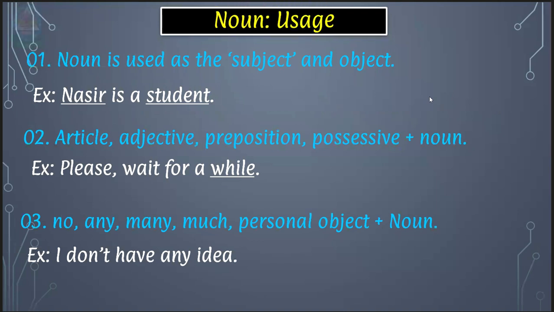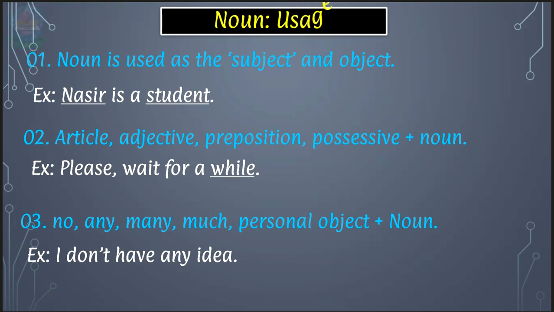And the next one. After no, any, many, much, or a personal object, we should use a noun. As we see in the example, I don't have any idea. Which one is the noun here?